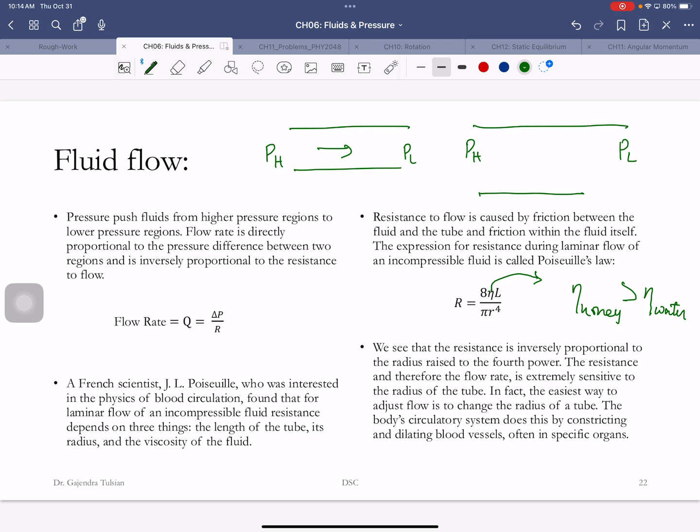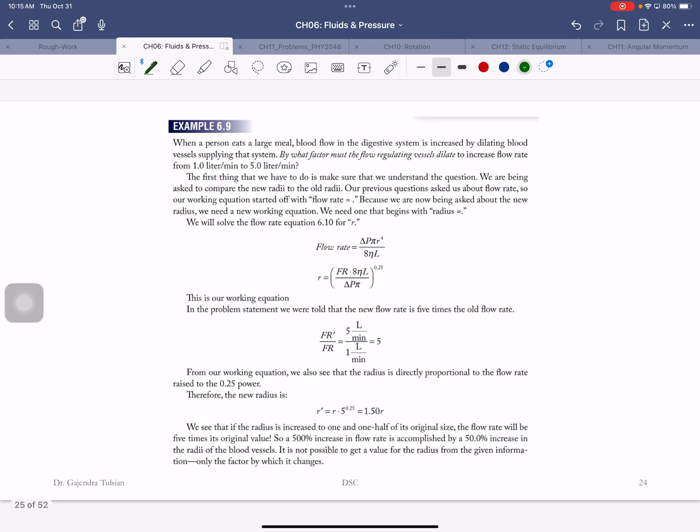So here's a very important problem. I want you to just remember the results. When a person eats a large meal, blood flow to the digestive system is increased by dilating blood vessels. So flow rate is increased from 1 liter a minute to 5 liters a minute.